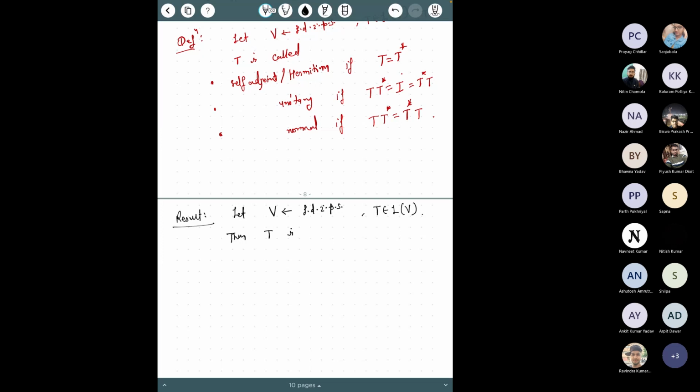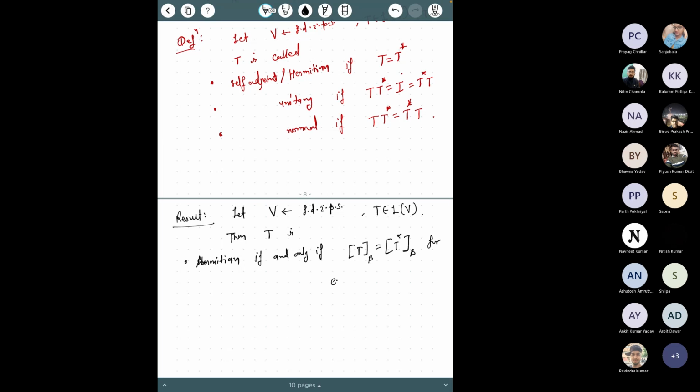So this result says that if we have a finite dimensional inner product space and T is a linear operator on it, then this operator T is Hermitian if and only if the matrix of T is equal to the matrix of T star for every orthonormal basis.